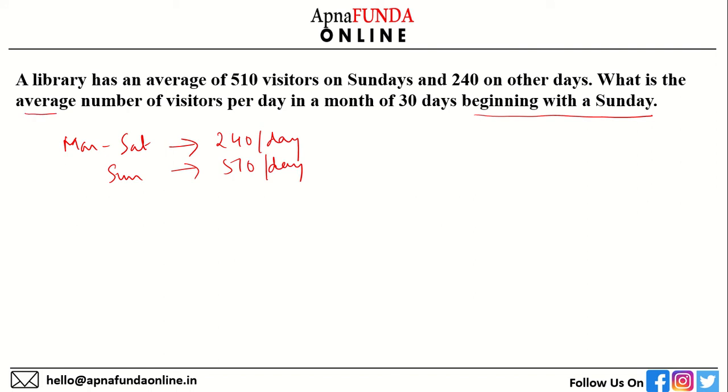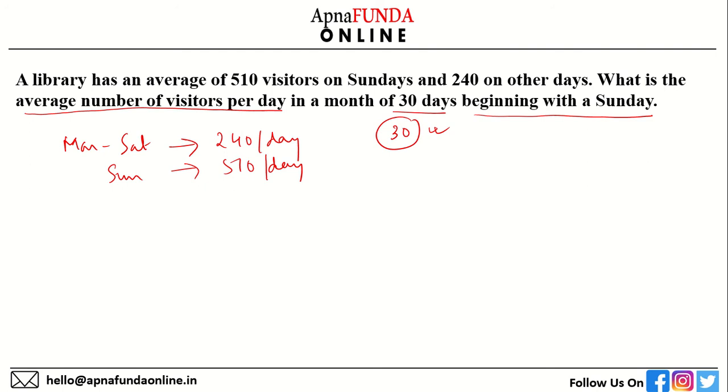What is the average number of visitors per day in a month of 30 days? So we need to find the average number of visitors in a month, correct? Per day. The per day average number of visitors in a particular month. What do we know? That the month is 30 days and it begins with the Sunday.